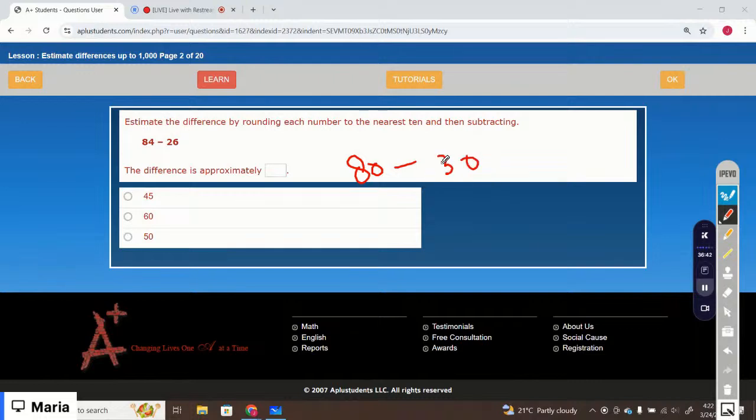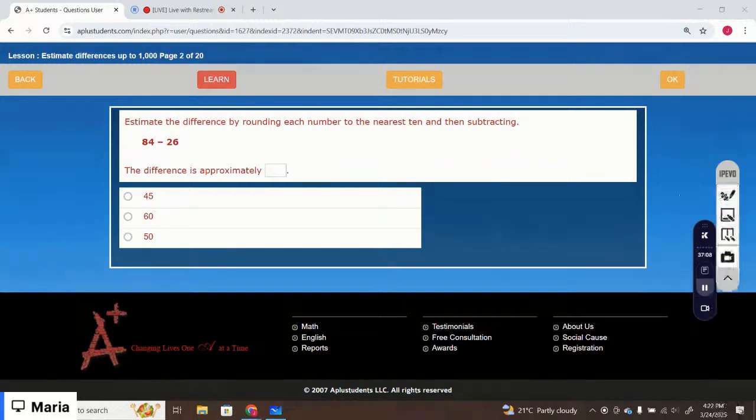So 80 minus 30 equals 50. Option number 3 is the correct option. That is 50. Option 3 is the correct option.